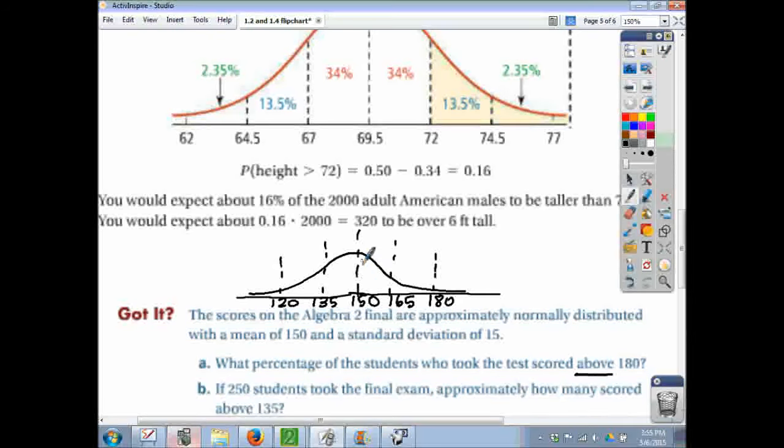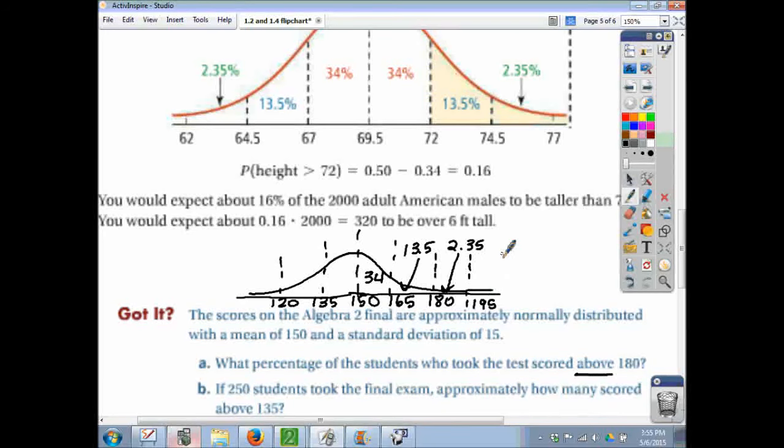What percentage of the students who took the test scored above 180? Remember, on the right side of the mean, this is 34%. This here is 13.5. Let's see, this is one standard deviation, two standard deviations. If we put a third standard deviation, this would be 195. So the little teeny area right there, and the third standard deviation, remember, was 2.35.